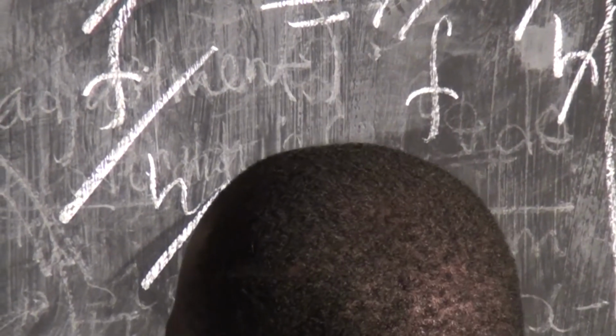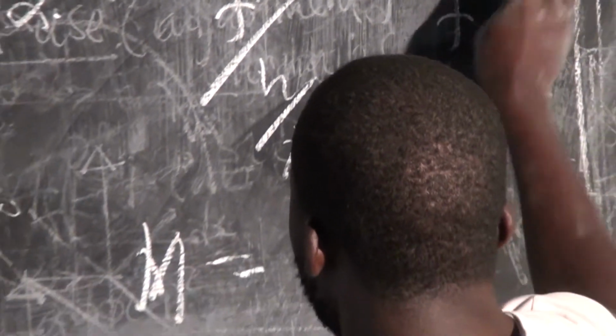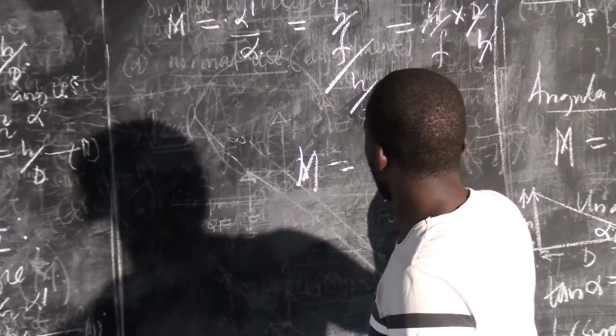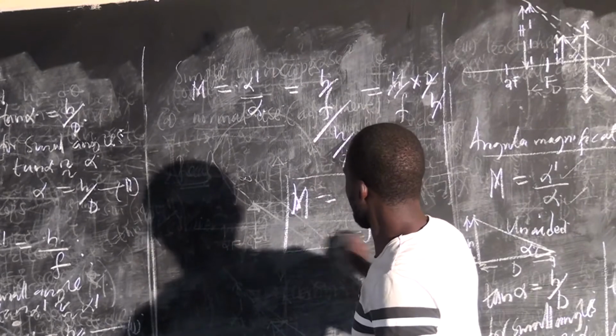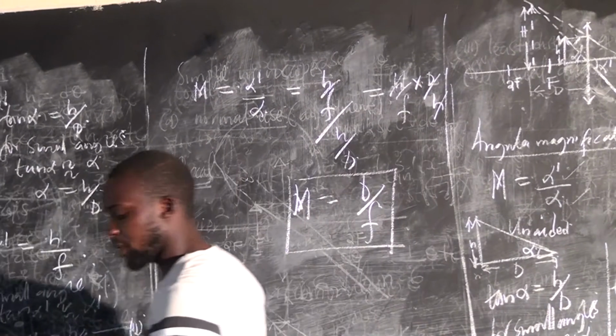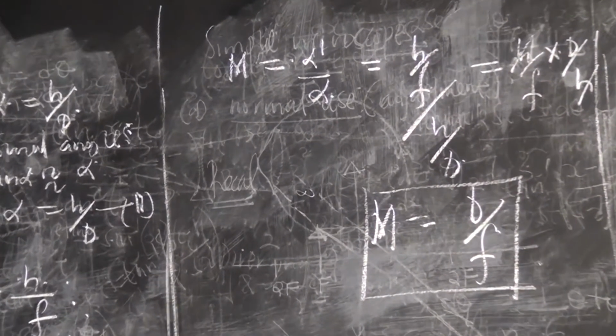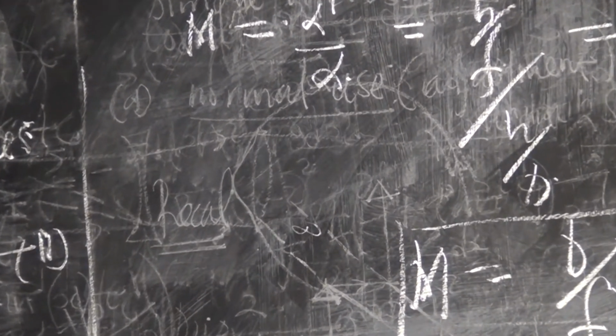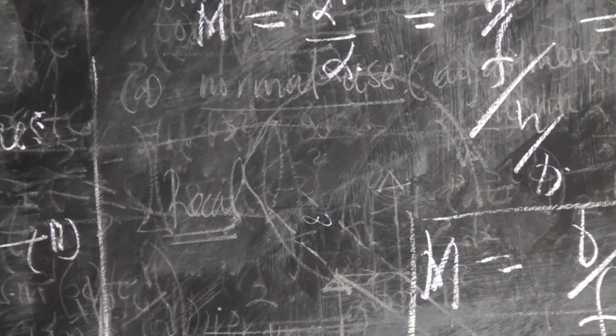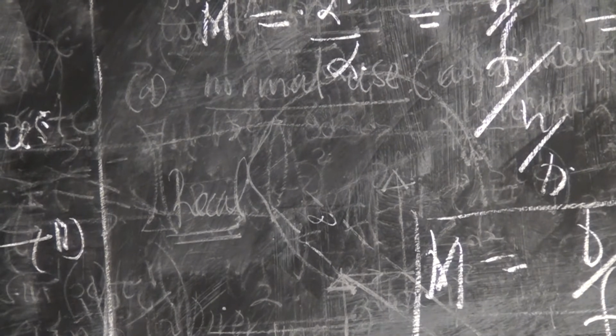So the angular magnification now becomes d over f. This is the angular magnification in a simple microscope, when not in normal use.